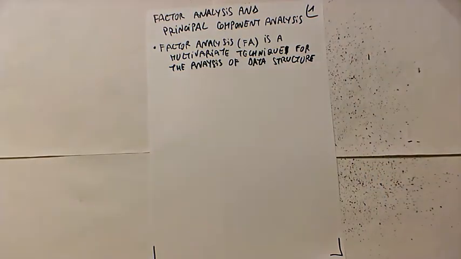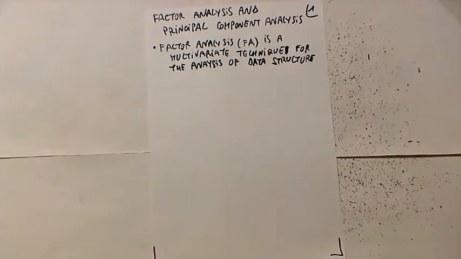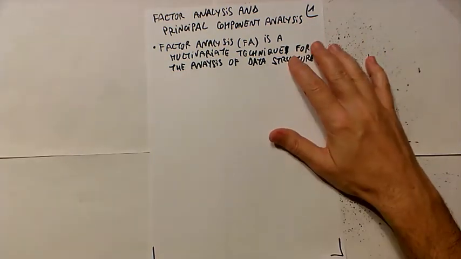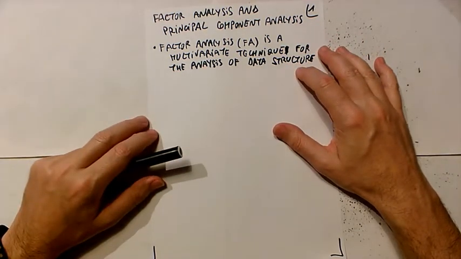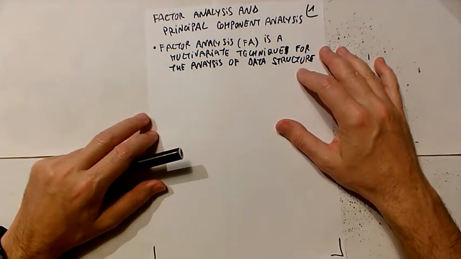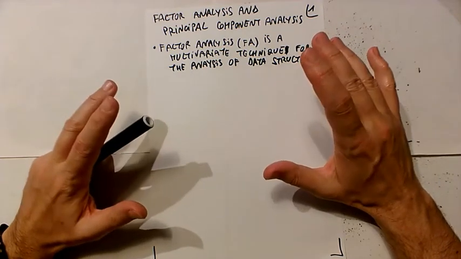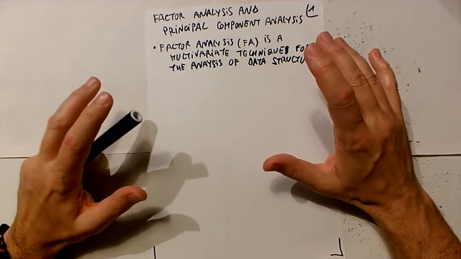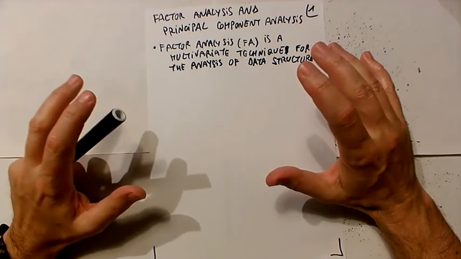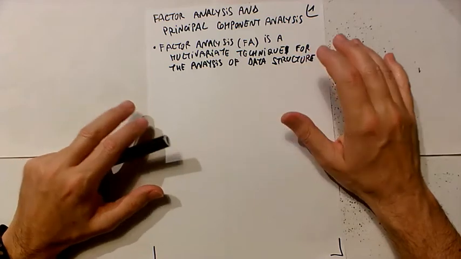So the main goal of factor analysis is to analyze the data structure, and we can say, as previously said in the introduction, to simplify the data set from the point of view of the number of variables. In other words, from the point of view of the number of columns of the data set.